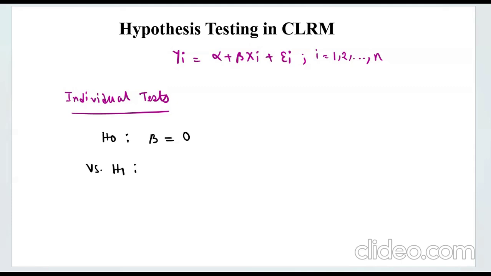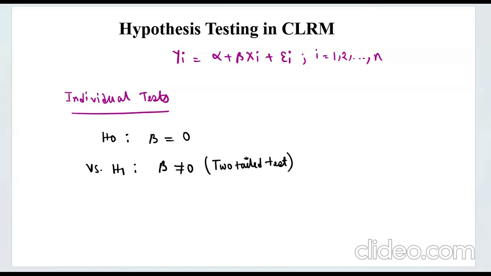You can define the alternative in different ways. You can define it in this possible way: H1 is beta not equal to 0. This is also known as a two-tailed test. When you are saying that beta is not equal to 0, you are making room for beta greater than 0 as well as beta less than 0. We don't basically know what beta is, so it is two-tailed.